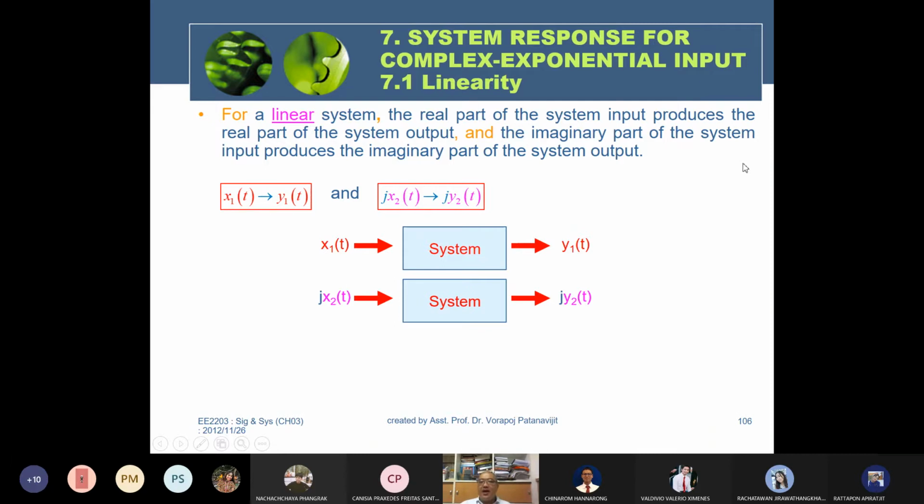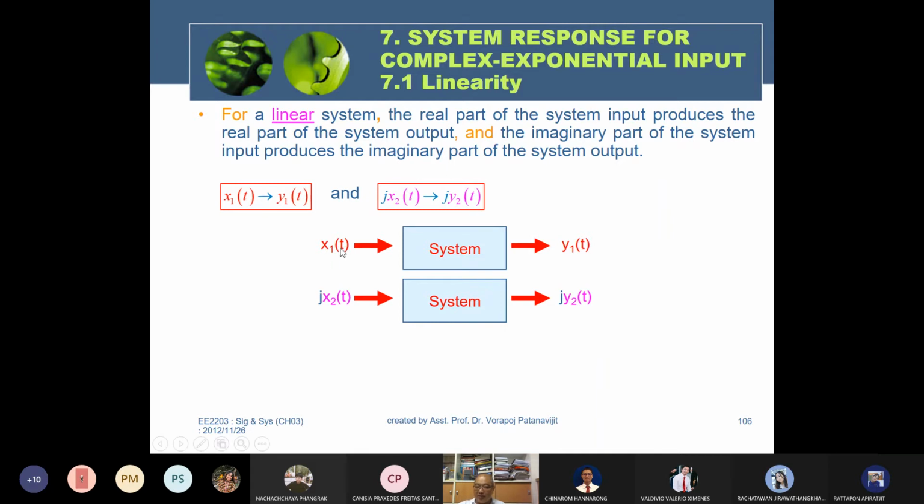The system response to a complex exponential input. In the overall system we considered only the case where the input is real, but it is possible for the input to be complex. For a linear system, the real part of the input produces the real part of the output.